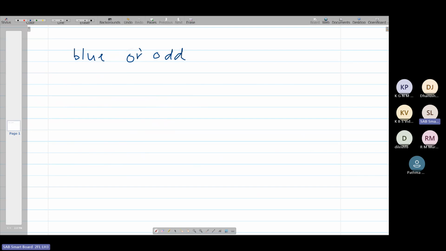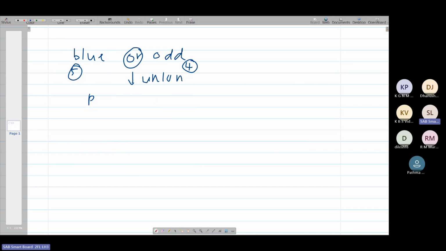Okay, or means union. Then here 5 blue color cards. Then there are 4 odd numbers. Right, 1 to 8 numbers, no? Then 1, 3, 5 and 7 are the odd numbers. Then the five blue color cards are there. Then normally how do we find the union?